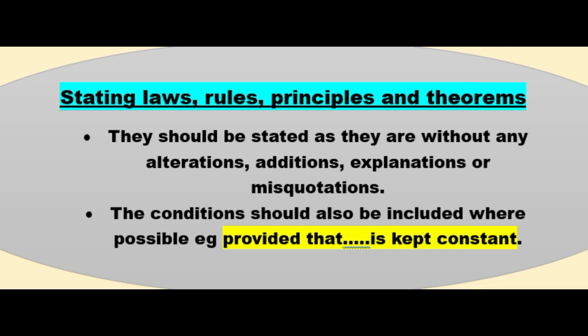So they should be stated as they are without any alteration, additions, explanations, or misquotations. Let's direct to the point as they appear in the book. The conditions should be included where possible. It's important to know that there are laws which have conditions.